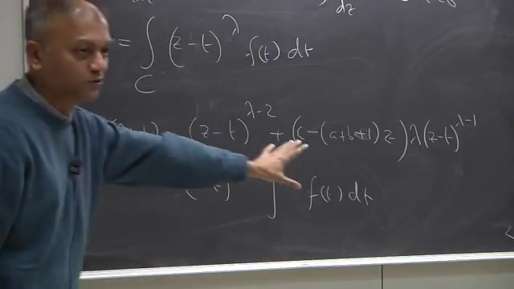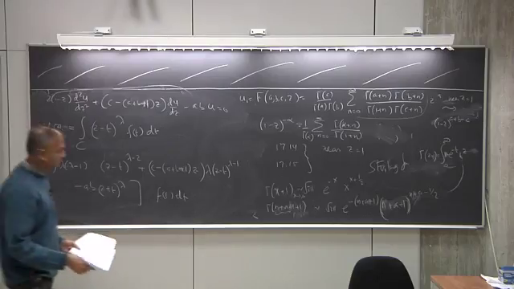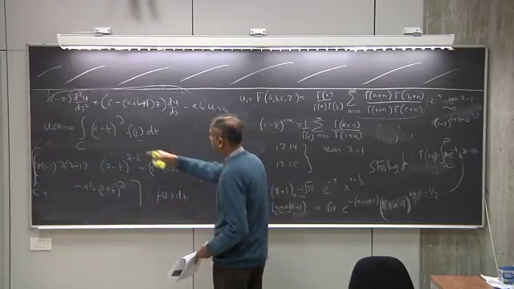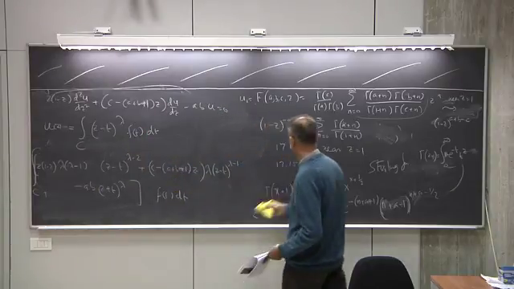And we want to make this 0, by appropriately choosing lambda and this function f of t. We have the freedom to choose lambda and f of t, and we want to make this 0.